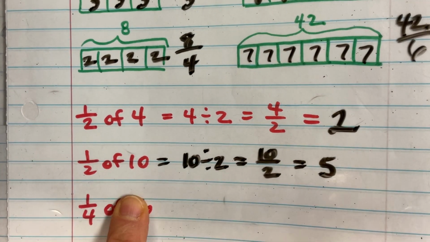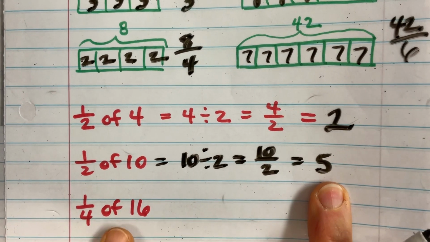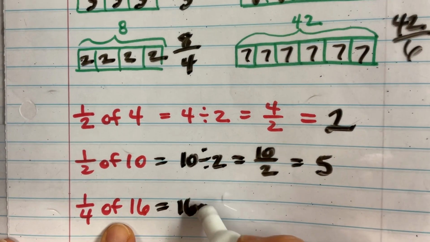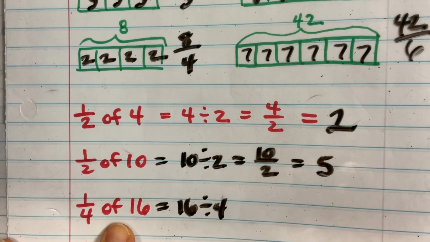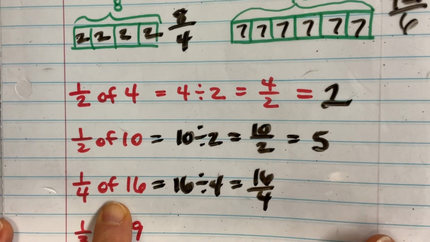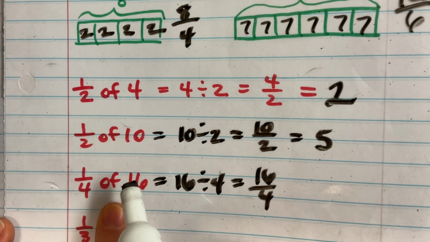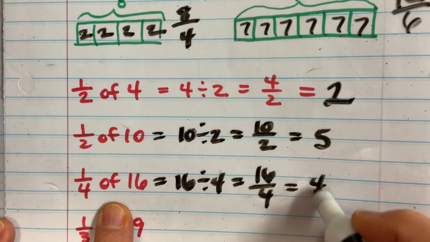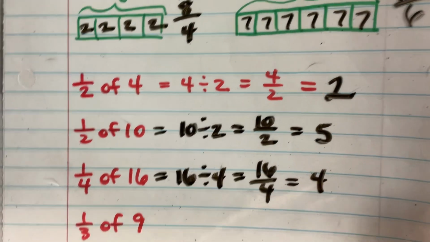A half of 10 is 5. A fourth of 16 would be 16 divided by 4, or 16 over 4. If you're thinking a fourth of 16, it's 16 over 4, which is 4. A fourth of 16 is 4.